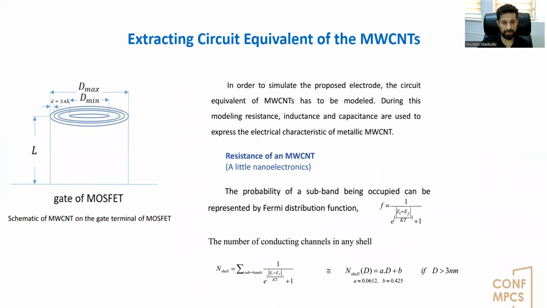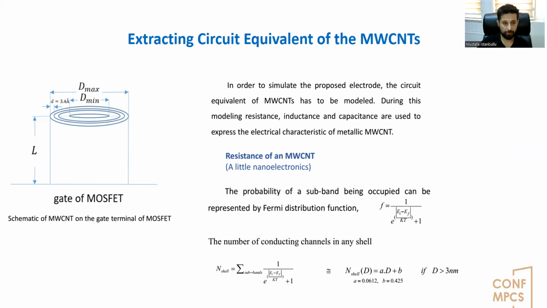Now, in order to extract the full circuit equivalent of the electrode, we need to extract the circuit parameters of carbon nanotubes. This figure shows the simplified schematic of an individual carbon nanotube. Here, d_max is the diameter of the outermost shell, while d_min is the diameter of the innermost shell of the carbon nanotube.